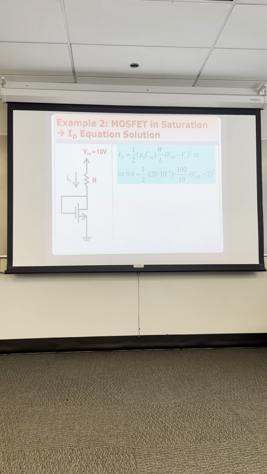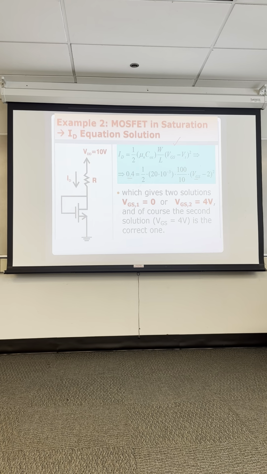Because it's in saturation, we go to our table or our formula sheet and we find the proper equation. The drain current is given as 0.4 milliampere. We need something to put in here for the gate to source voltage. We notice there's only one unknown in this equation, and that's the gate to source voltage.